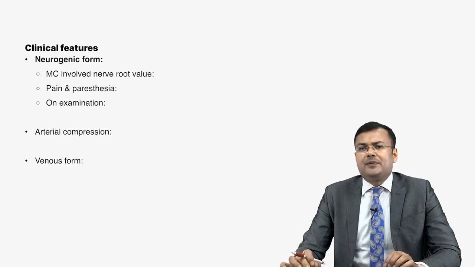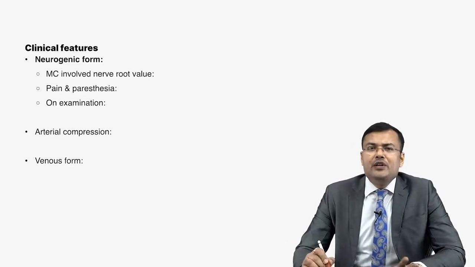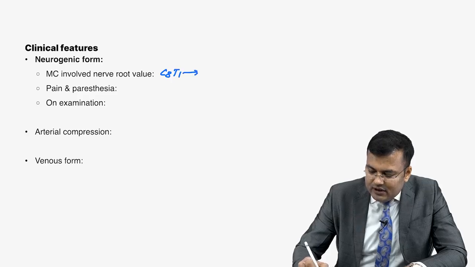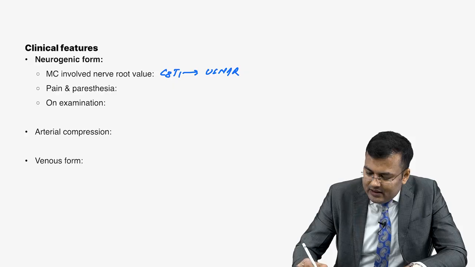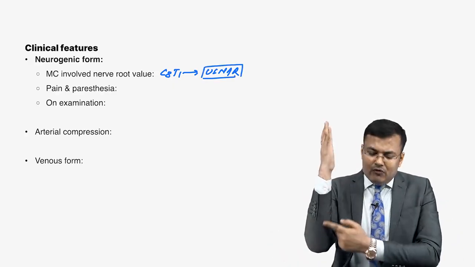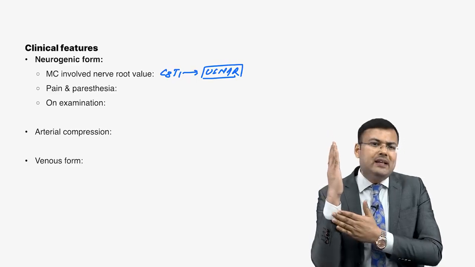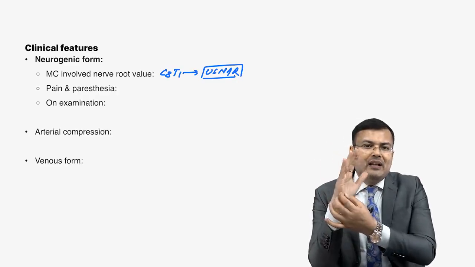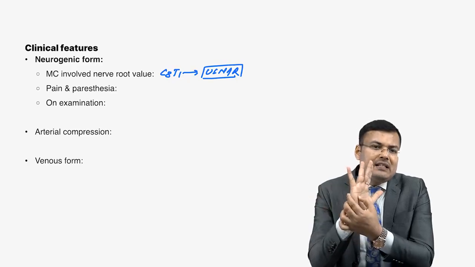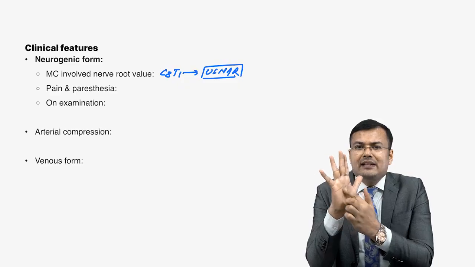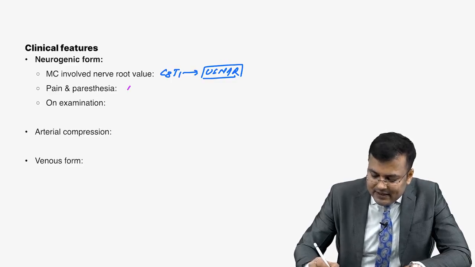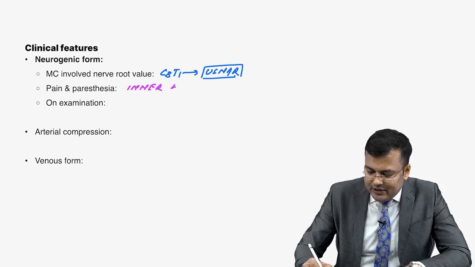Now coming to the clinical features, we discussed which one is most common? Neurogenic form, most commonly involving nerve roots C8 and T1. So the nerve involved is the ulnar nerve. Now guys, see the symptoms. When there is involvement of the ulnar nerve, the patient is going to complain, sir, I'm having pain and paresthesia over the inner aspect of the forearm and hand.